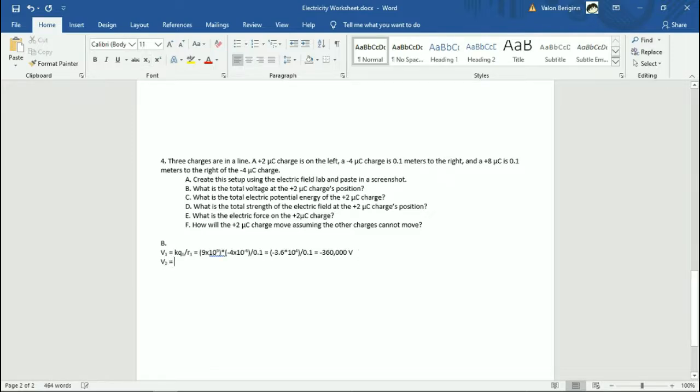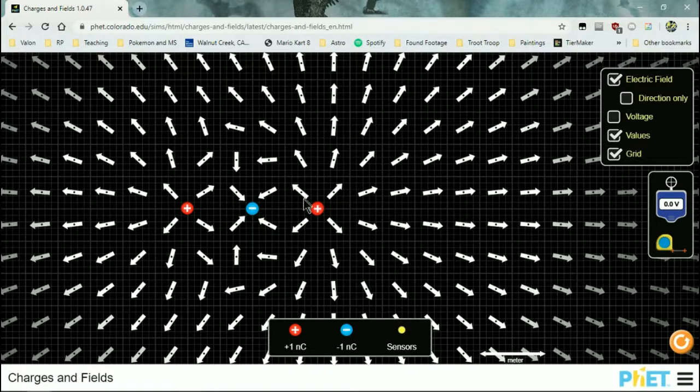The second one, we have KQ2 over R2 equals. Okay, so the other charge now is our plus 8. And now we're talking about this charge.